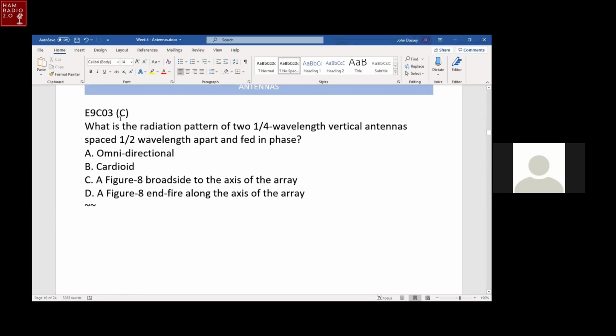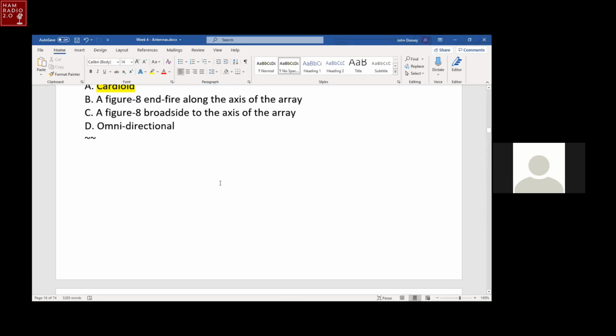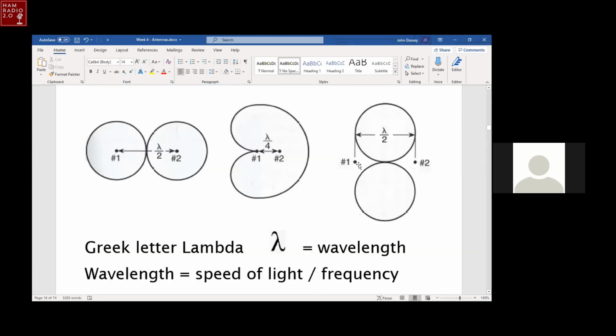The third question is, what's the radiation pattern of the two quarter wave vertical antennas, half wave apart and fed in phase? If you feed them in phase, you get the figure 8 broadside to the axis of the array. That is this choice.